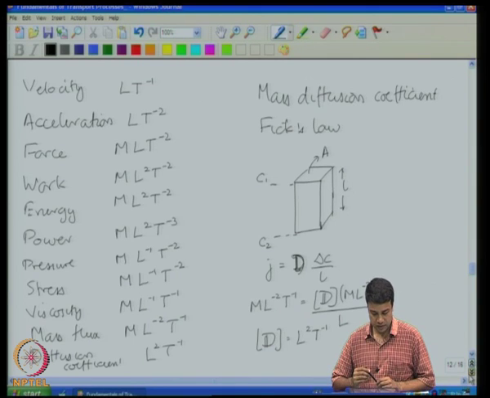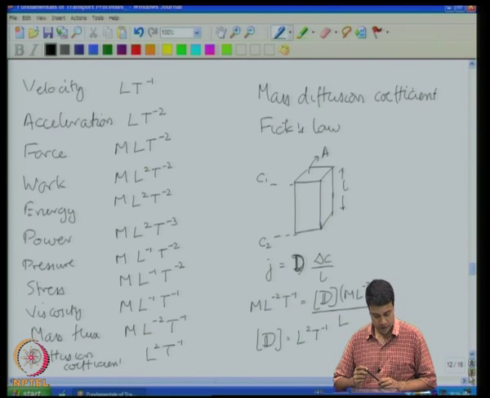Viscosity we saw comes from Newton's law of viscosity, which states that the stress is equal to the coefficient of viscosity mu times the difference in velocity divided by the length across which that velocity difference is applied. The change in velocity per unit length is called the strain rate. From that relation, we got the dimension of viscosity as m L inverse T inverse.